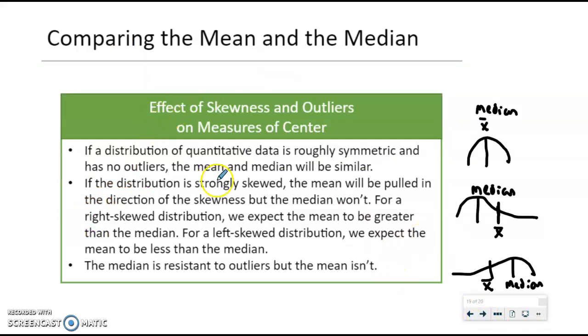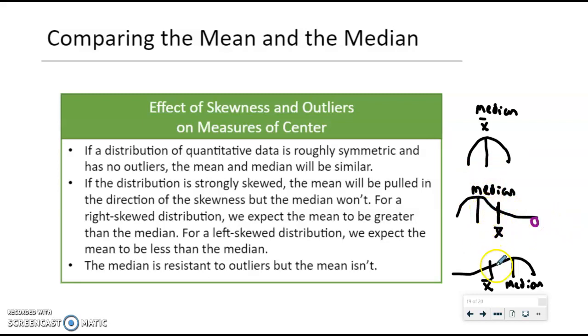If the data is roughly symmetric, my mean and median will be similar, pretty close to each other. If the distribution is skewed, the mean will be pulled in the direction of the outliers. The median won't. If I have an outlier on this edge right here, in a skewed right distribution, and that's what this example is, the mean is being drawn to that outlier.